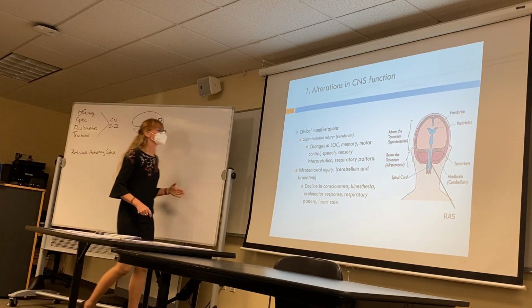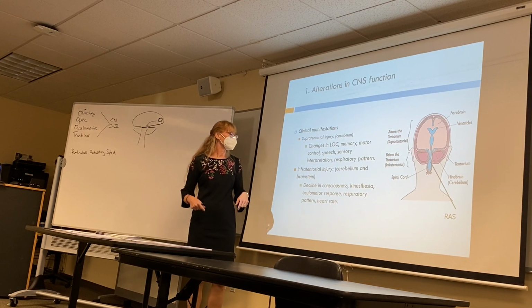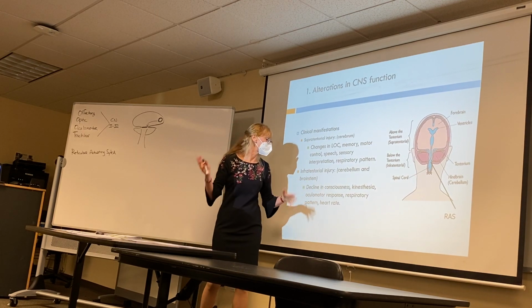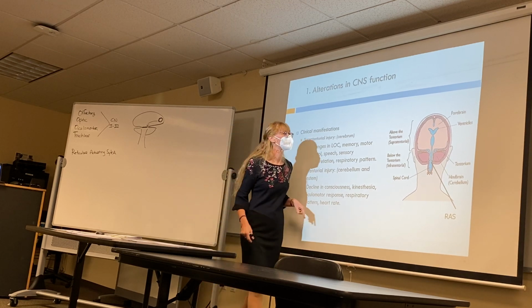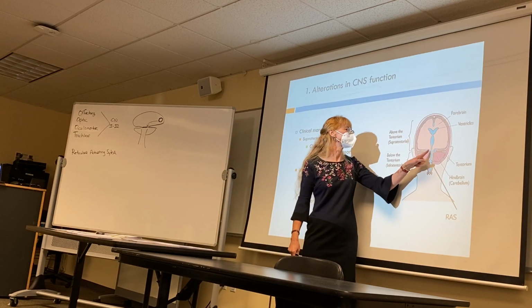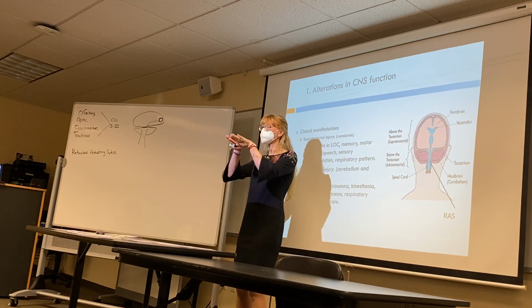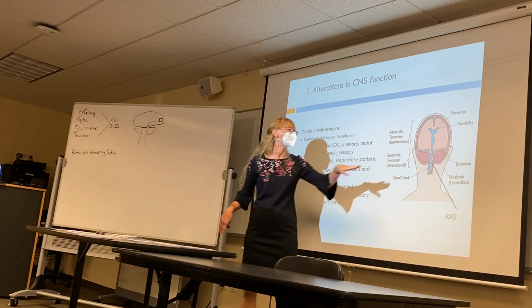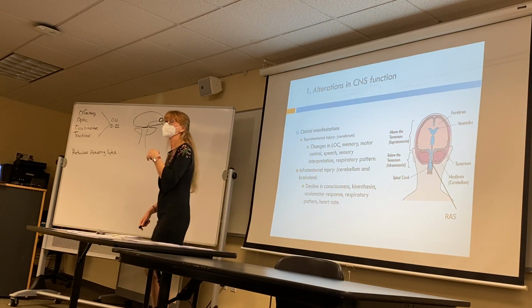So if there's dysfunction infratentorially, there will be a decline in consciousness. We talked about kinesthetics and balance, and the oculomotor and respiratory response. If there's herniation through that tentorial plate, where those first 4 cranial nerves are kind of hanging out, there'll be clinical manifestations from dysfunction there. Okay.